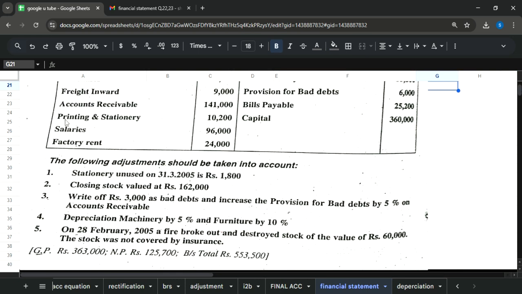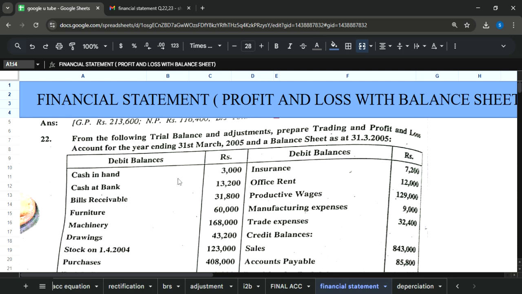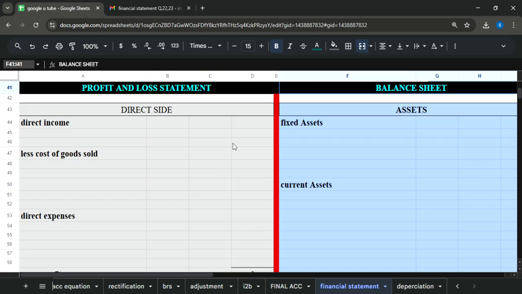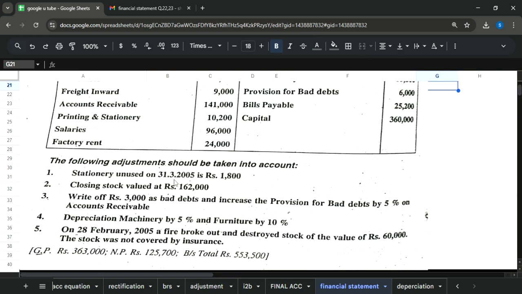Let's begin. As I said, we will start from the adjustments. The first adjustment is stationery unused on 31st March. Here you can see that our ending date is 31st March 2005, and the same ending date is present over here. Please understand, stationery we write on the expense side.